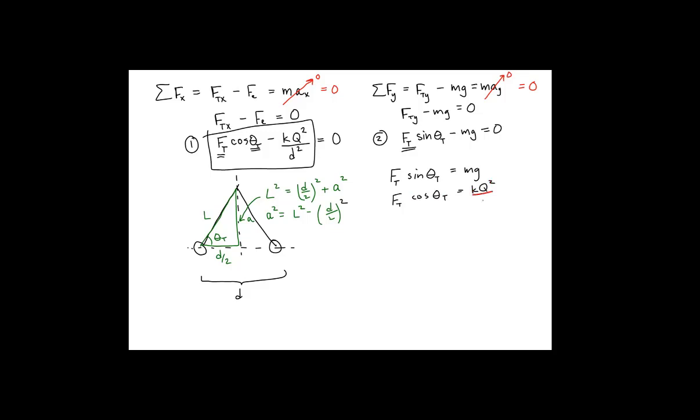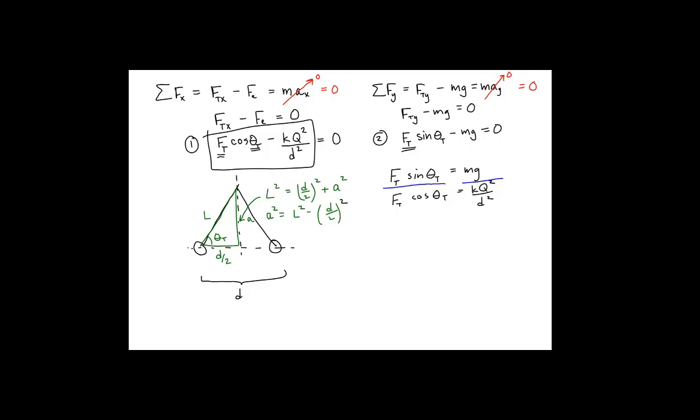Now that I have the tension terms isolated, I am now going to divide the second equation that I just wrote into the first equation. I'm going to just illustrate that by putting this dividing line between both sides, dividing one equation into another.